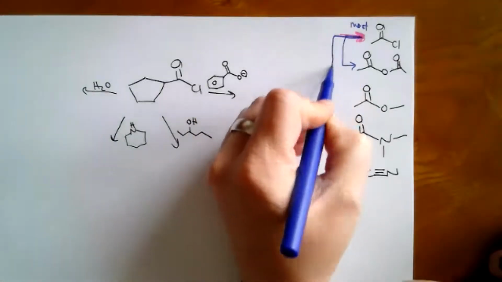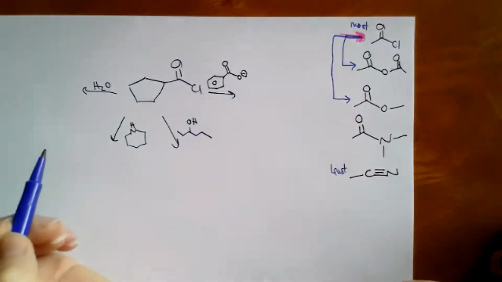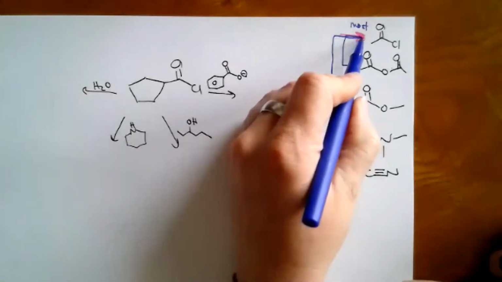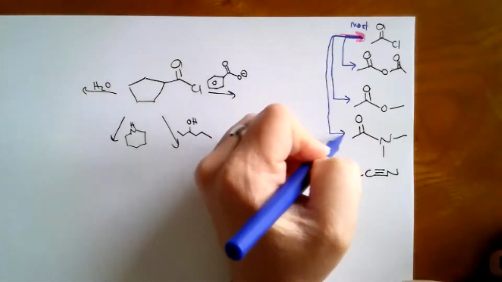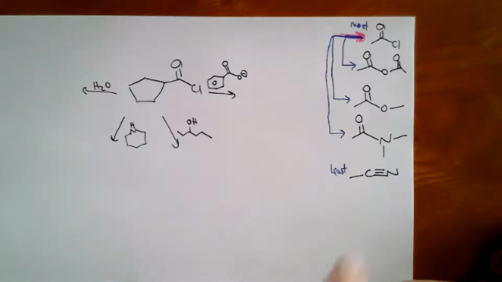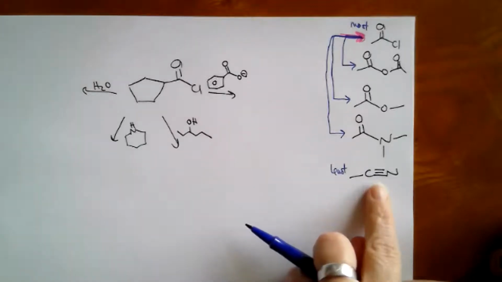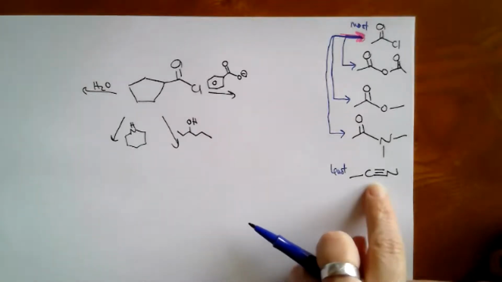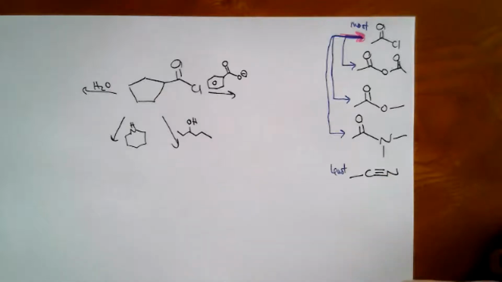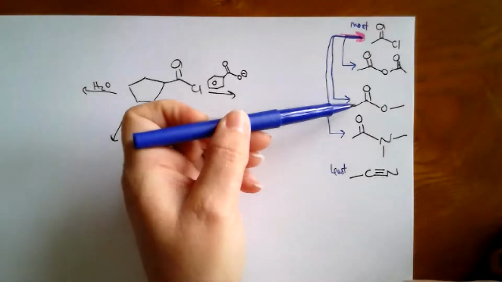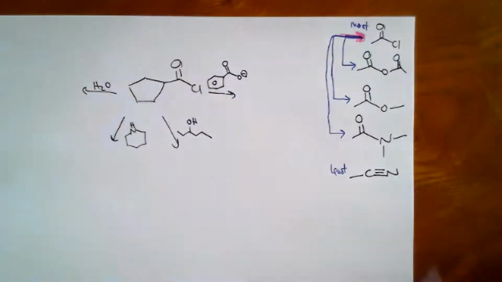An acid chloride can be turned into an ester through a direct reaction. An acid chloride can be turned into an amide through a direct reaction. And a nitrile is just weird. It can't happen directly. We're going to talk about them, but we're going to kind of ignore them for a bit. However, a less reactive derivative cannot be turned into a more reactive derivative directly.